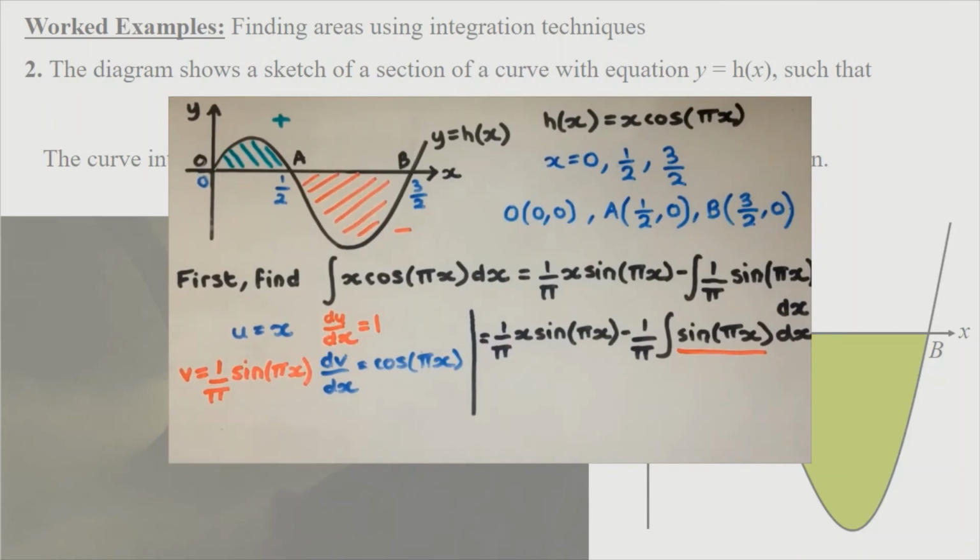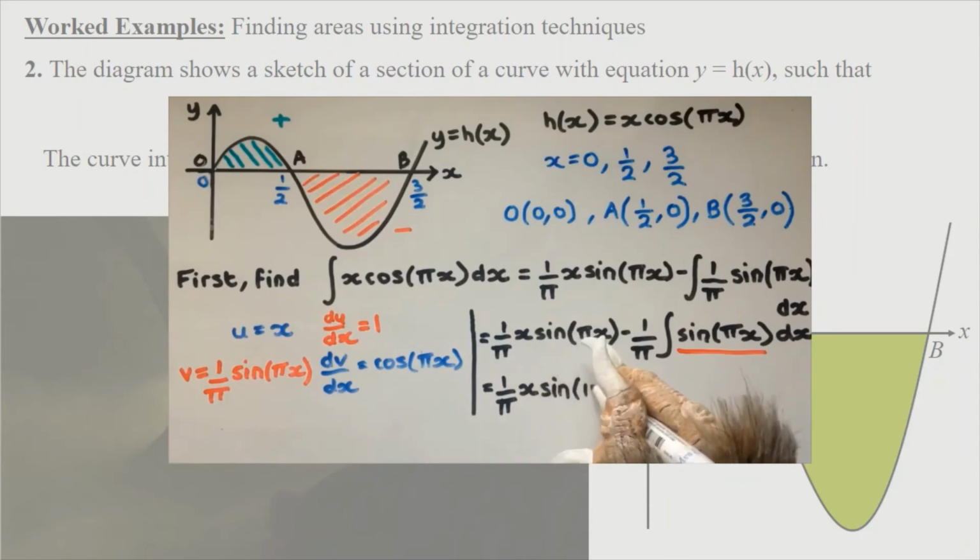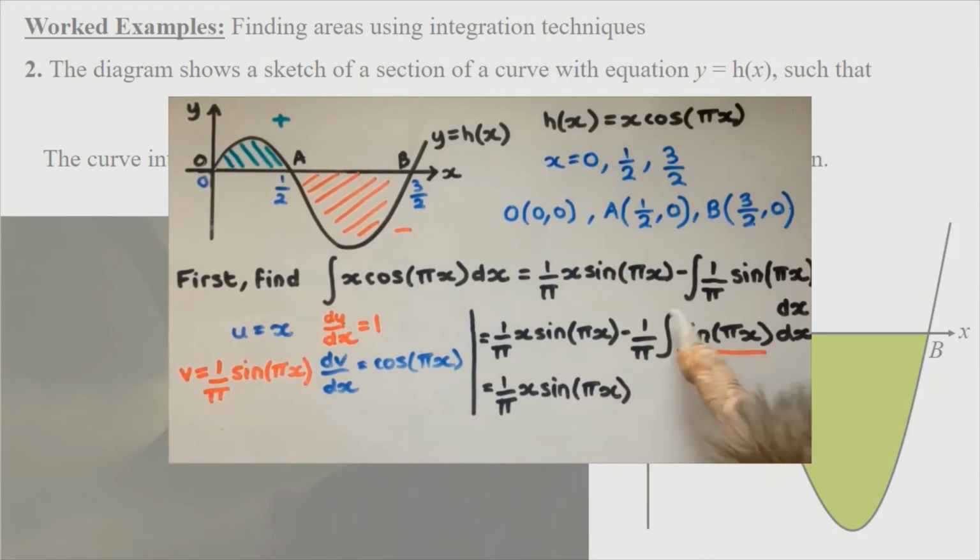So let's write down our answer now. So all this is going to equal 1 over pi x sine of pi x. Now then, because this is negative, this whole second term is going to become positive because I have a double negative here. In fact, let me just write in that step so it's really clear. So this is going to be subtract 1 over pi, and I'm going to put the integration of this inside a bracket.